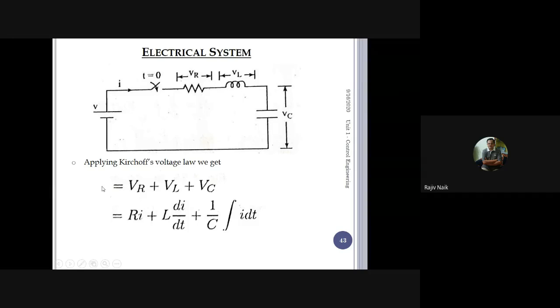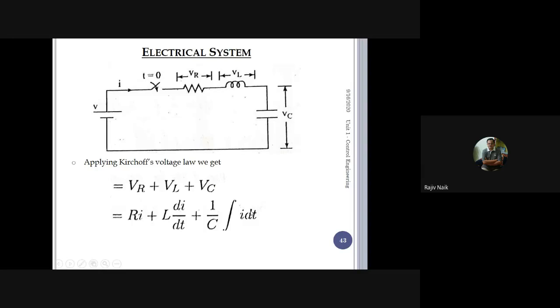So the external voltage V is the voltage drop across this resistance, this inductance, plus this capacitance. If I is the current flowing through them, the voltage drop across resistance is R into I, across inductance is L di by dt, and across capacitance is 1 upon C integration of I dt.